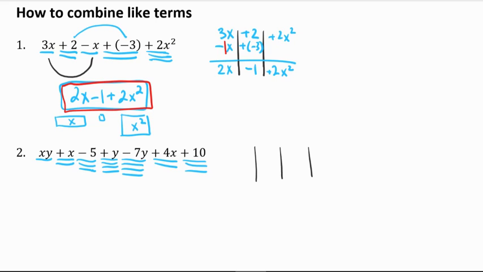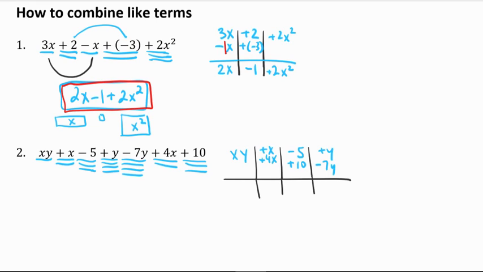Okay, let me do my columns again. All right, so first we have xy. That one's all on its own. Next I have plus x and plus 4x. Next I have minus 5 and plus 10. And then lastly I have plus y and minus 7y.